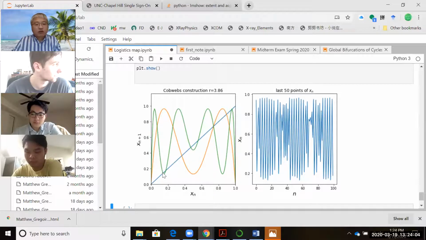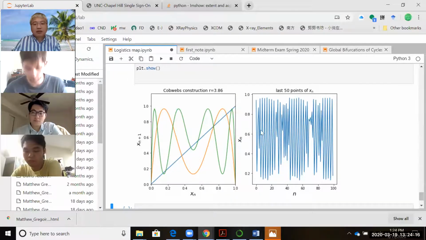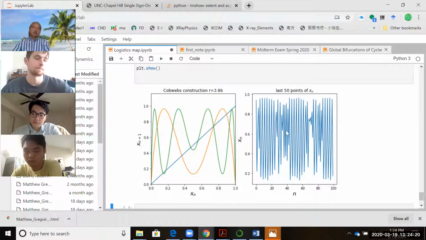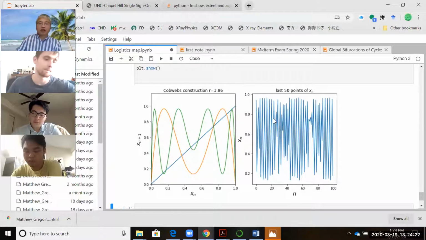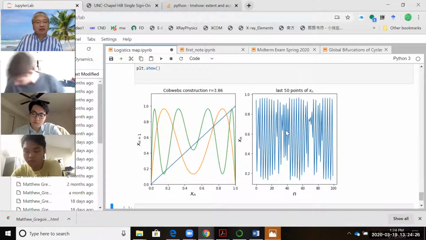Those fixed points, which were there for period 3, are no longer stable, and the system becomes intermittent. It's trying to get periodic behavior, but it really cannot get it. This is the intermittency behavior.